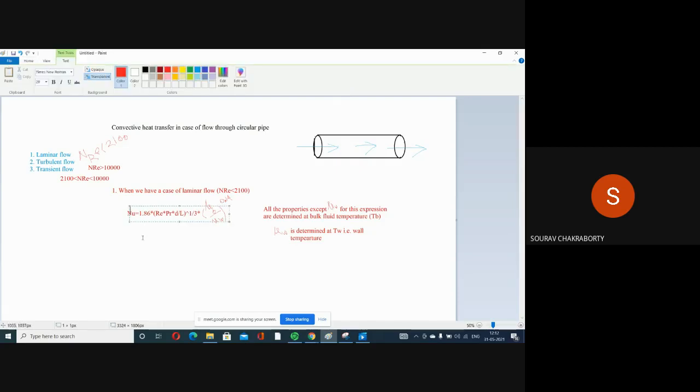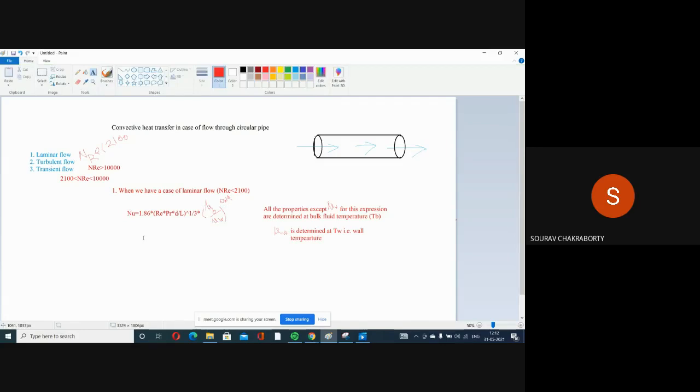When representing empirical equations for convective heat transfer coefficient, we represent it in terms of Nusselt number, as we have seen for the flat plate also. Here all the properties excluding mu W are determined at TB temperature, and mu W is determined at TW, the wall temperature.